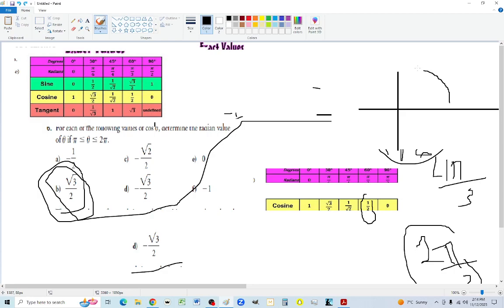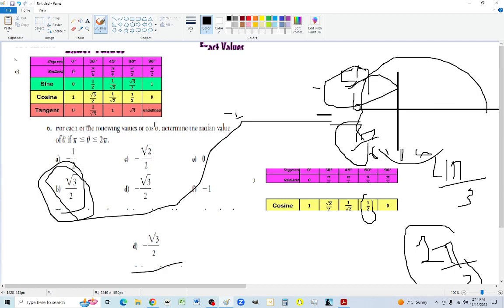Well, pi over 6, if I go all the way to pi minus pi over 6, we're talking 5 pi over 6. And if I go all the way here and add pi over 6, we're talking 7 pi over 6. Those are the two principal angles that will give you a result in your calculator of negative root 3 over 2.